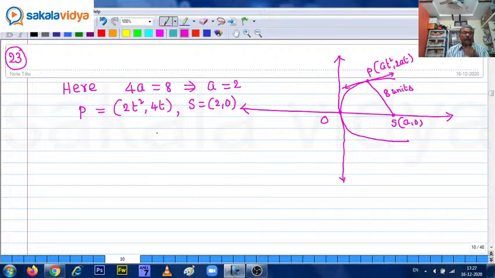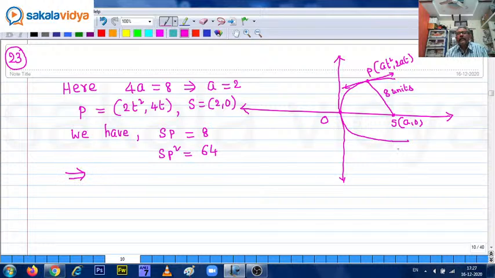What is given? We have focal distance. Focal distance means SP, the distance between S point and P point. SP is equal to 8. So SP square equals 64.